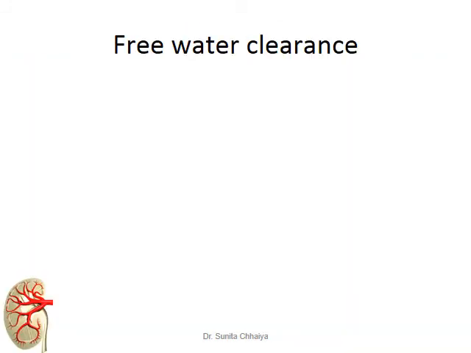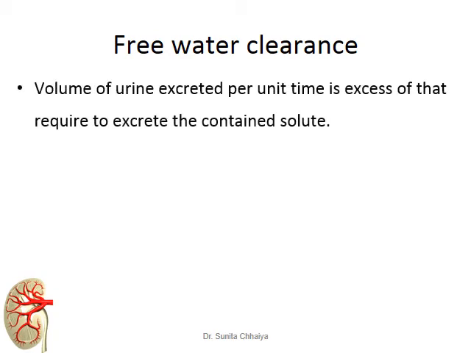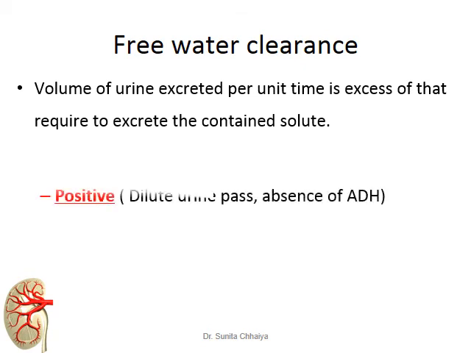To understand the mechanism of action of diuretic drugs, you must understand what free water clearance is. It is the volume of urine excreted per unit time in excess of that required to excrete the contained solute. We can say it is positive when dilute urine is passed, specifically in the absence of antidiuretic hormone.